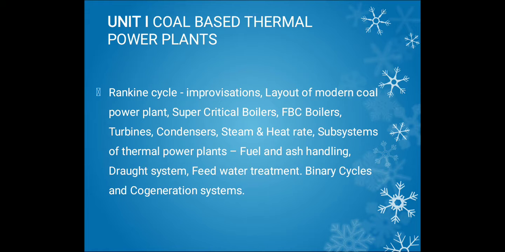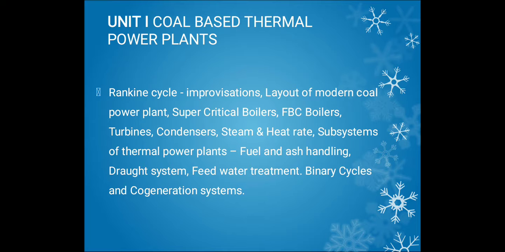These are the topics discussed in unit 1: Rankine cycle and layout of the modern coal power plant, critical boiler, fluidized bed combustion boiler, turbine, condenser, heat rate, substations, fuel and ash content, draft systems, water treatment systems, and binary cycles.